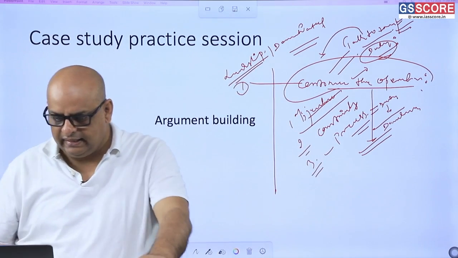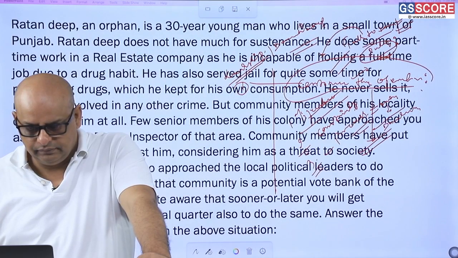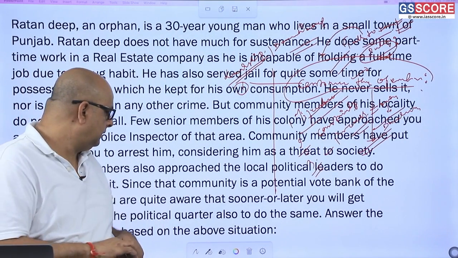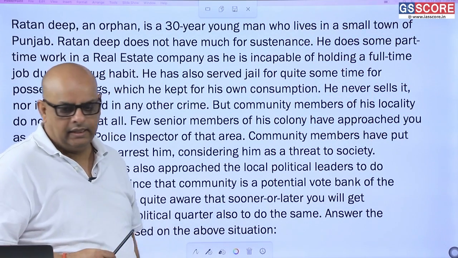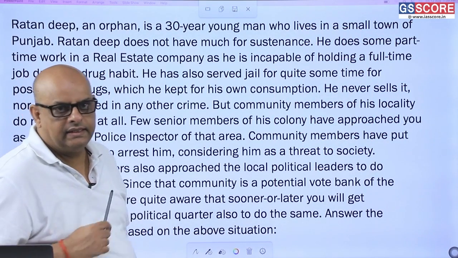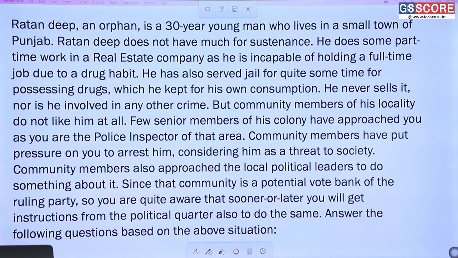So let's understand again through this case. Let's read this case carefully. A little bit longer. It says Ratandeep, an orphan, is a 30-year-old man who lives in a small town of Punjab. Ratandeep does not have much for sustenance.